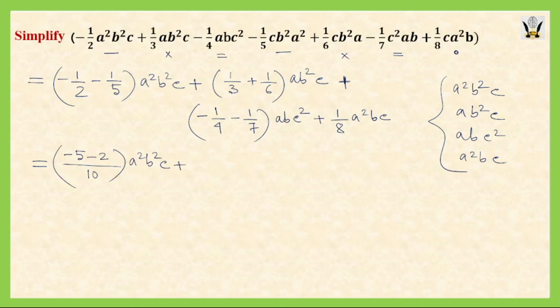For the second factor, if we take the LCM of the denominator, it will be 6. 6 divided by 3, the quotient is 2, so it will be 2 plus 1, so it will be ab square c.